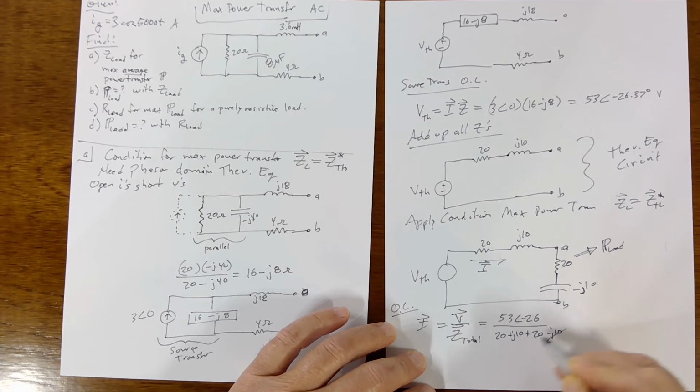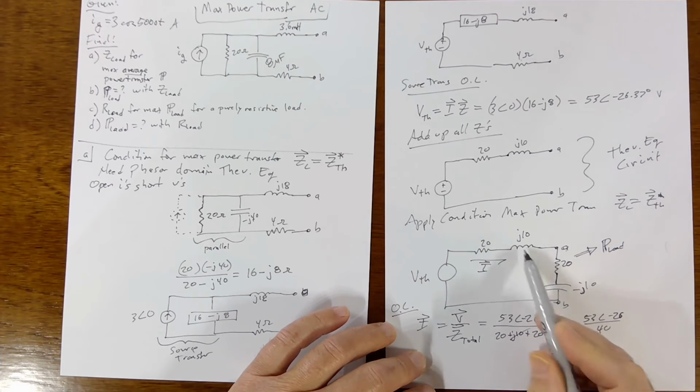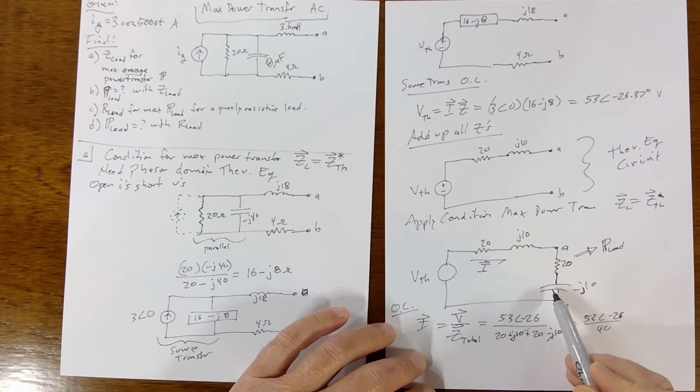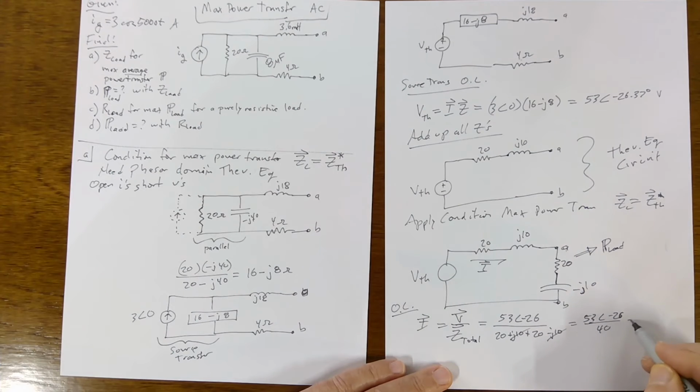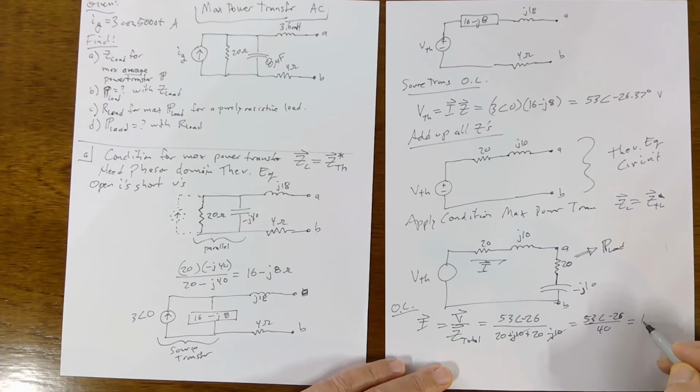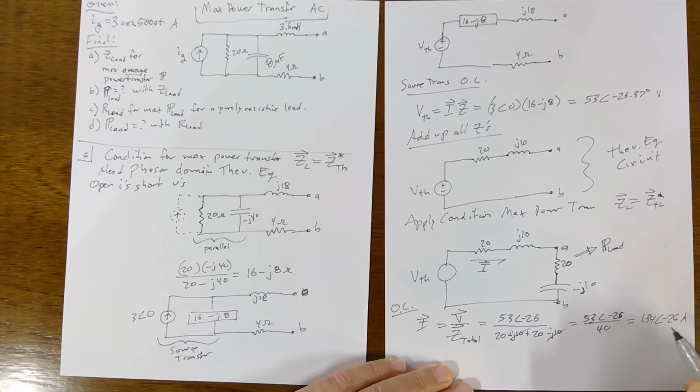These cancel, and it's just 53 angle minus 26 over 40 ohms. So the whole circuit here, with these two reactive elements canceling each other, just appears to be a 40 ohm circuit, right? So just the voltage divided by 40, basically. So this is 1.34 angle minus 26 amps.